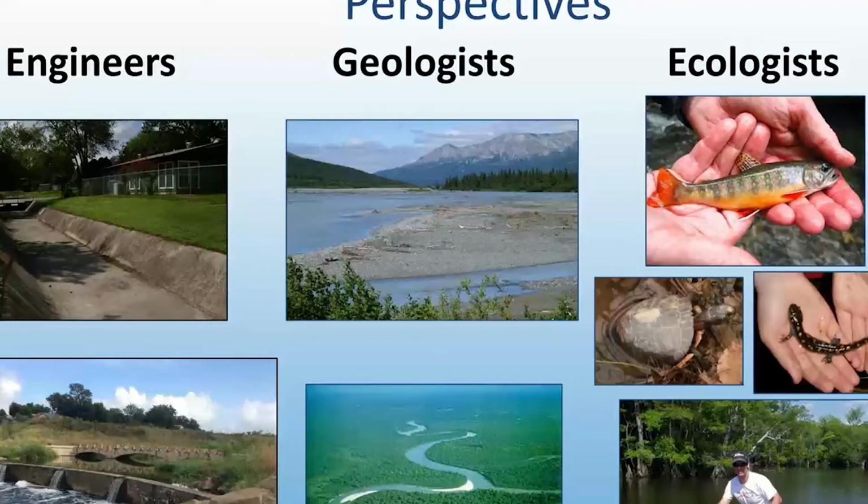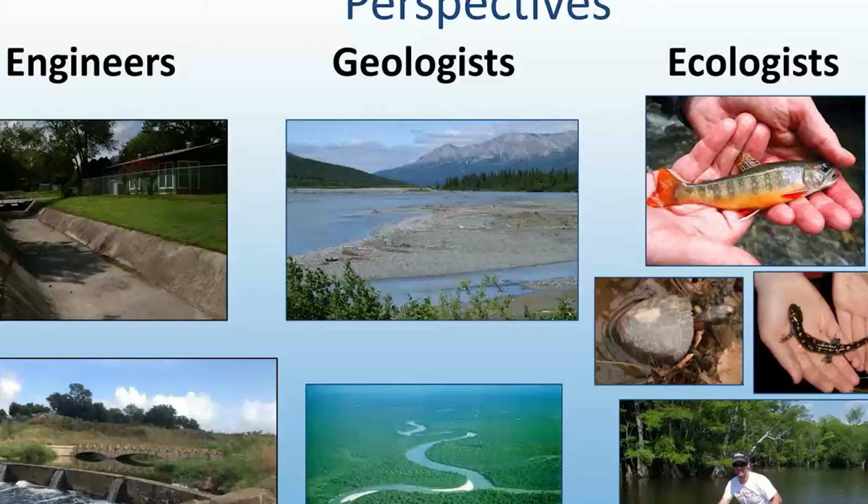stream. And then if you ask the geologist or geomorphologist what's the function of a stream, they'll talk about sediment transport, maybe large wood transport and storage. But we're typically interested in, why does this stream system look and behave the way it does given the landscape setting that it's in?